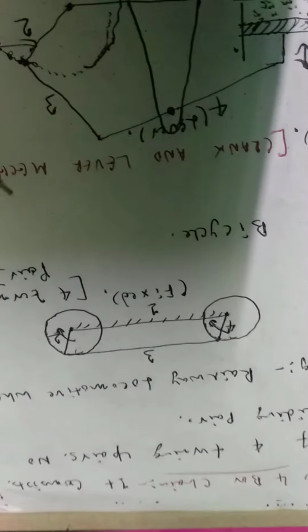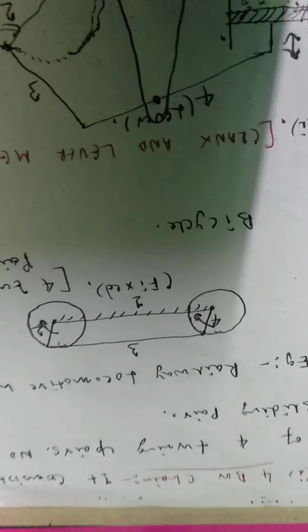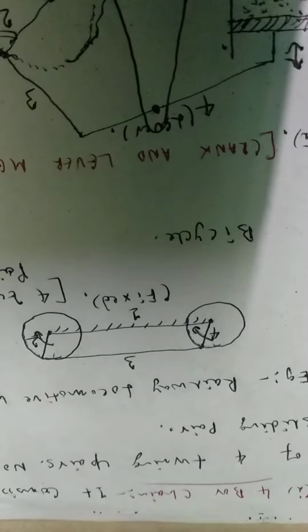The other end of the lever is connected to the piston rod, which reciprocates due to the rotation of the crank. So rotary motion is being transferred into reciprocating motion.